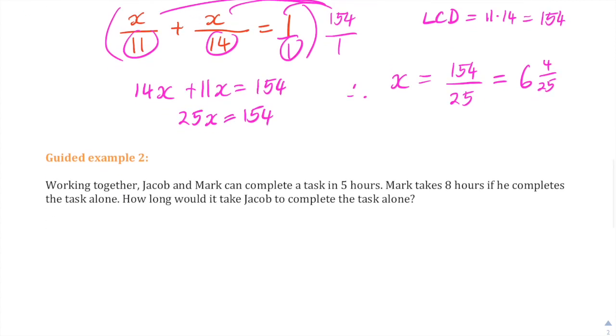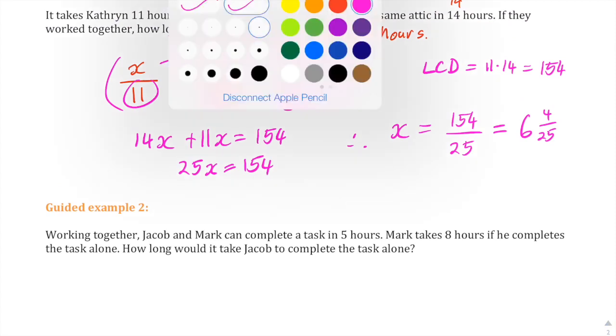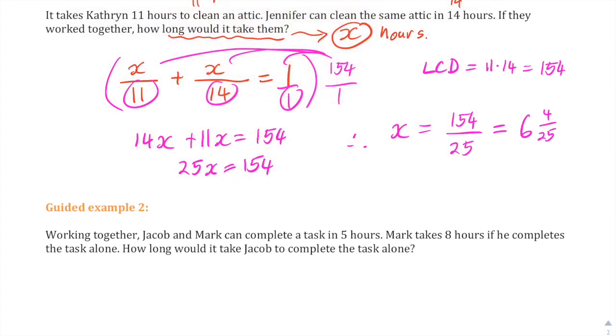Okay, final example. This is the same idea as the previous example, but the difference in this case is that the rate at which they're working is unknown. So what you'll see here is we had the time that they work together on top, and then we had the rate that they work at in the denominator.